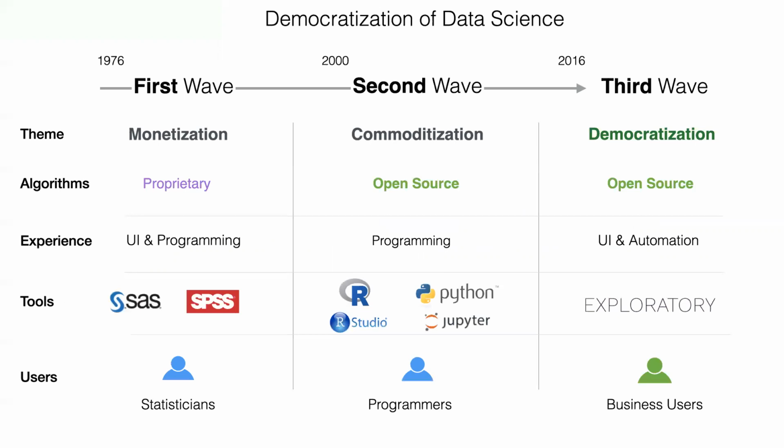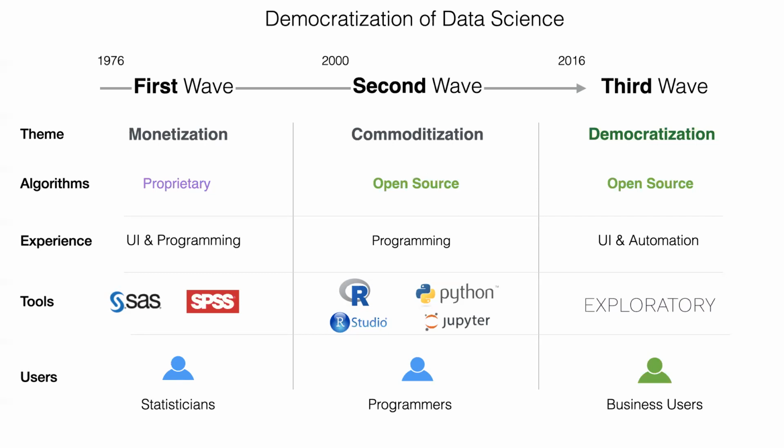The first wave, second wave, and third wave are the data democratization phases of data science, as you will. The first wave was basically packaging the software, making software for data science. If you paid and installed it, you could access data science. But it was hard and super expensive.